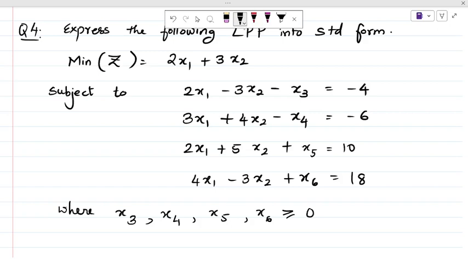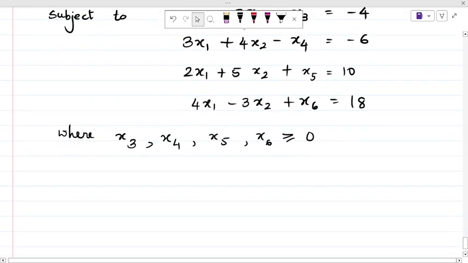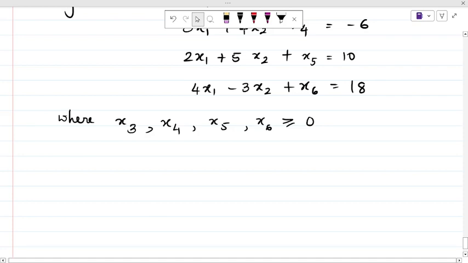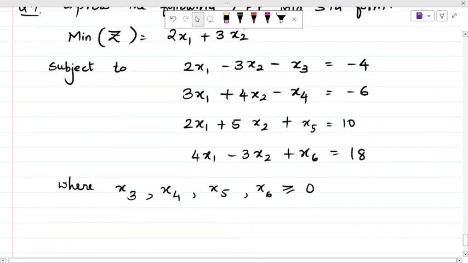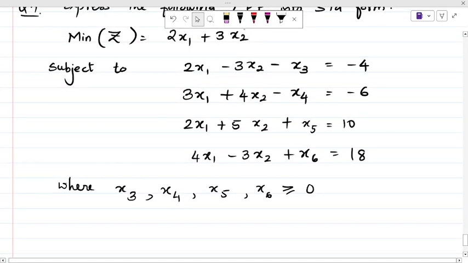So I will explain what the difference is here. First, we understand that x1 and x2 are unrestricted.